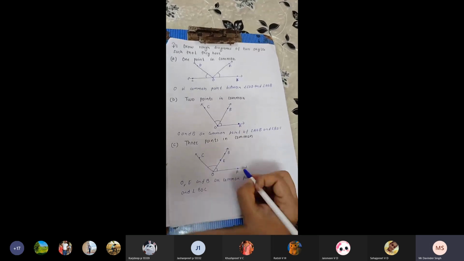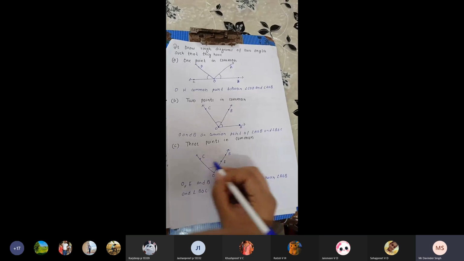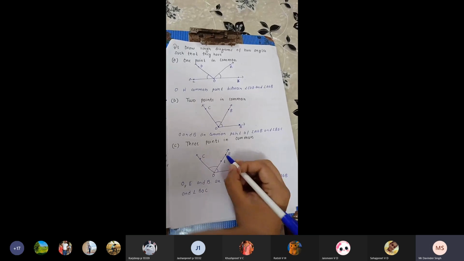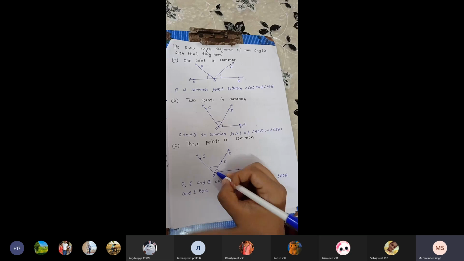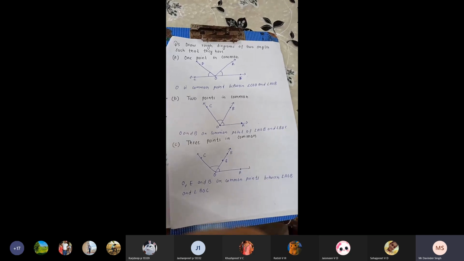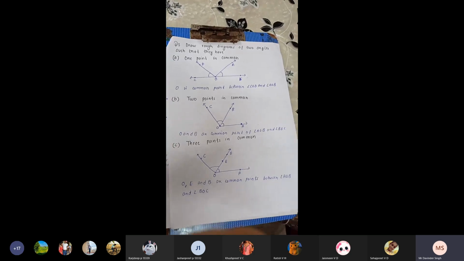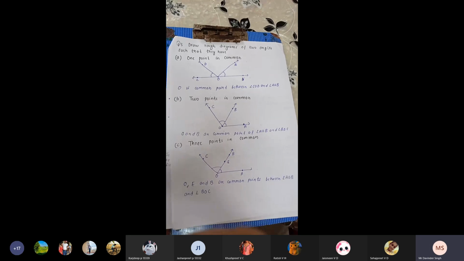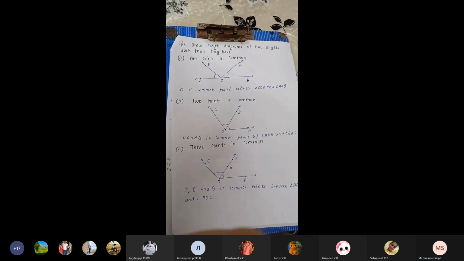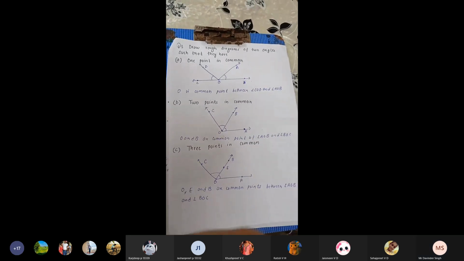You can see AOB and BOC. These common points are B, E and O, or O, E and B. So these are the 3 common points. Any doubt in this, you can ask me. No, sir. Okay.